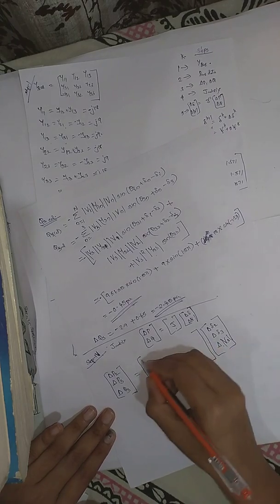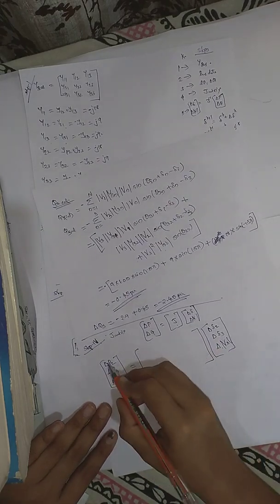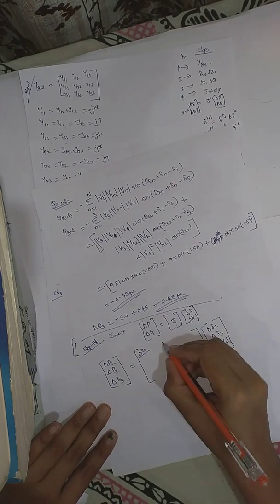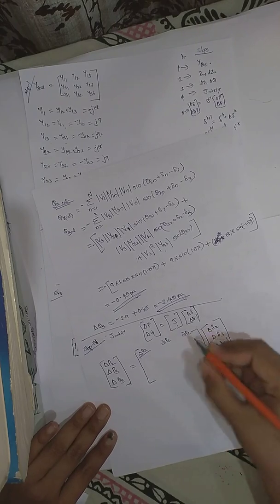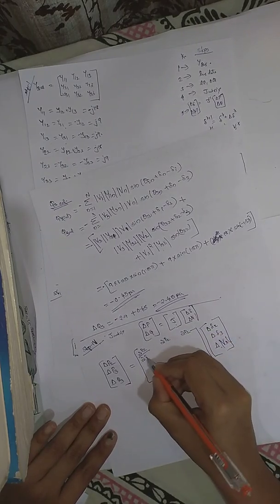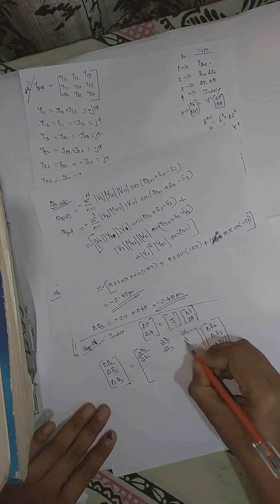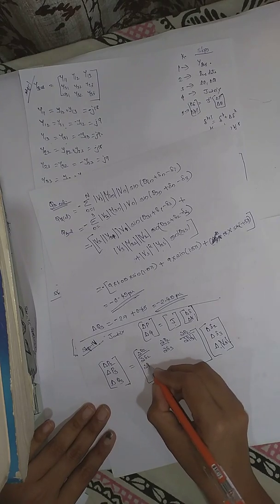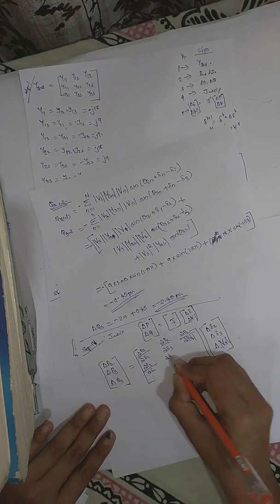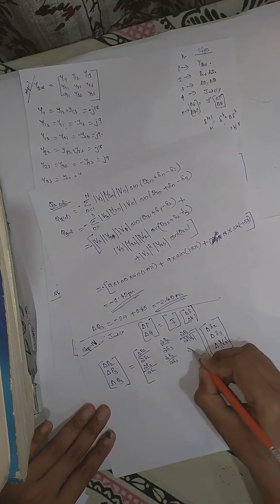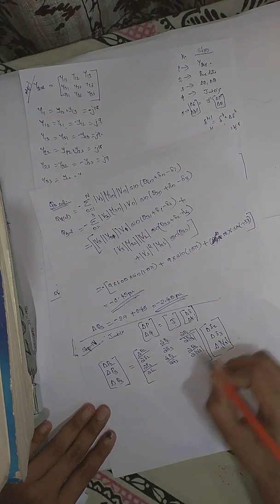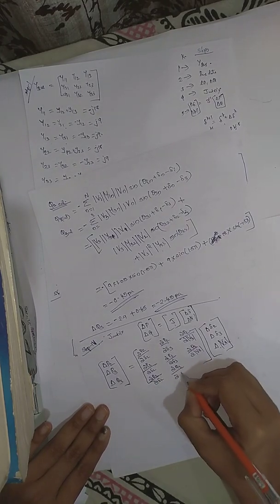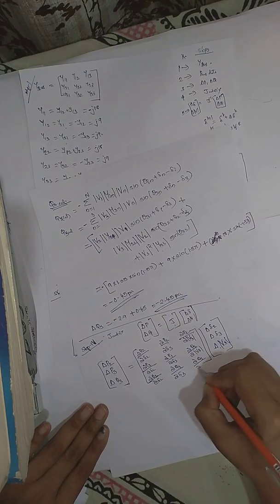So what will this matrix be? I have told you, you have to form the first row, numerator will be the same row. So dou P2 by dou delta2, dou delta3, dou V3. Next is dou P3 by dou delta2, dou P3 by dou delta3, dou P3 by dou V3, and next is dou Q3 by dou delta2, dou Q3 by dou delta3, dou Q3 by dou V3.